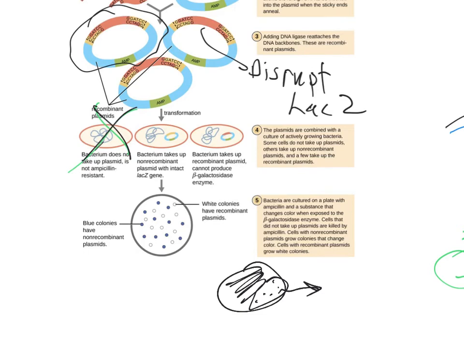Sometimes you can then further subclone, so you can use PCR again, and you can put the gene into a plasmid that not only is good for cloning and determining which ones got the recombinant piece of DNA, but you can also use it to make the protein on the gene.